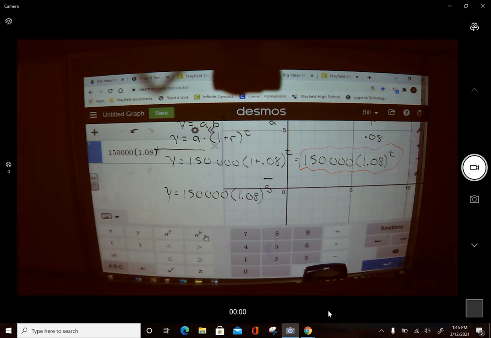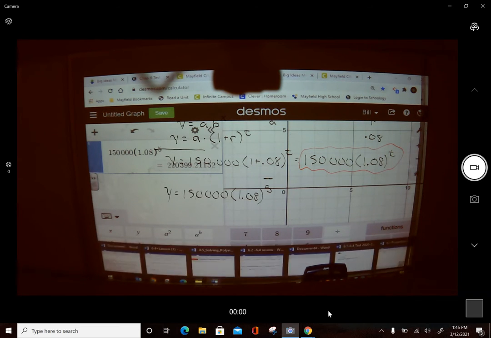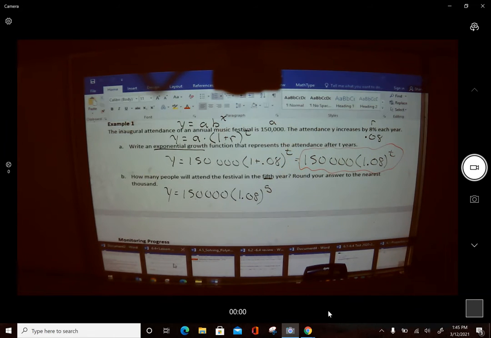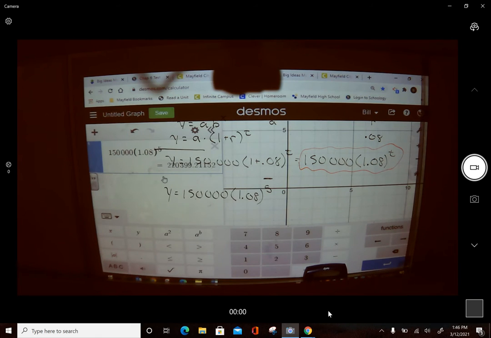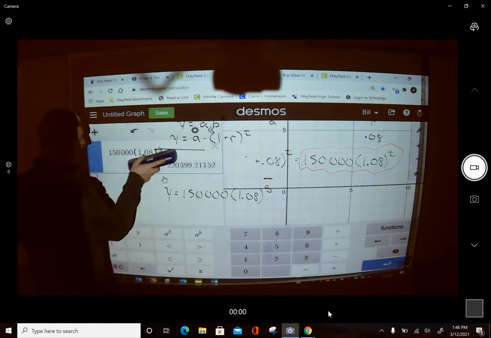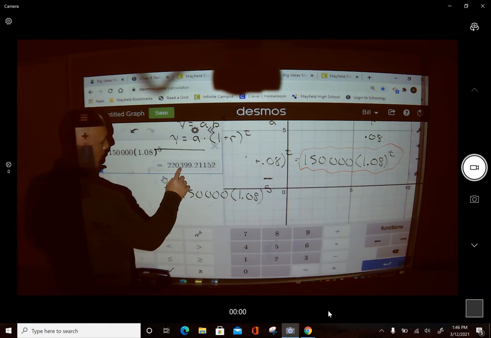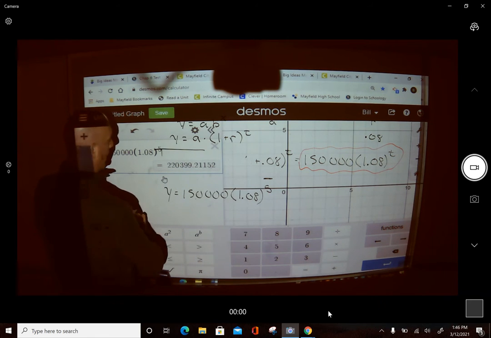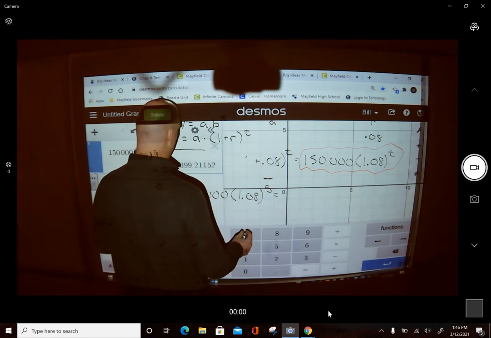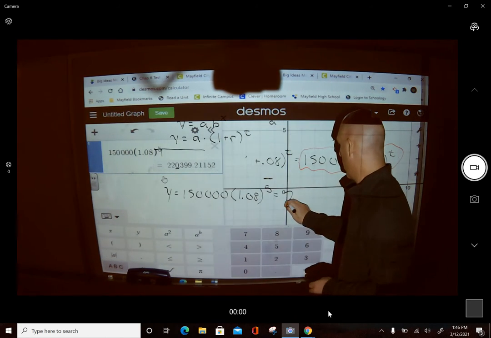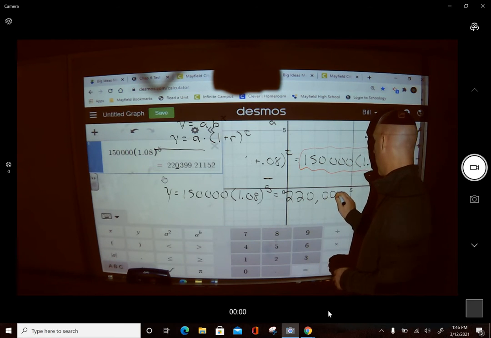Now remember, the b you have to put to the fifth. So when we get this number, they're going to have us round it. Let's check to where they have us rounded. The nearest 1,000, so let's go back. The nearest 1,000, let's get this work out of the way. The nearest 1,000 is going to be right here. Remember, 1,000, not thousandths. So we're rounding to the 0, 3 means we stay the same. So we're going to end up with 220,000 people.